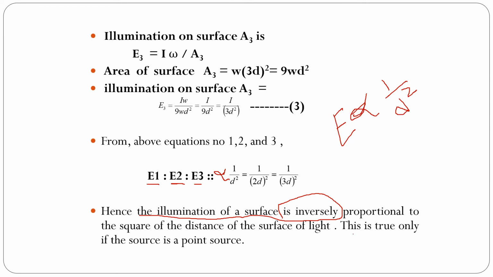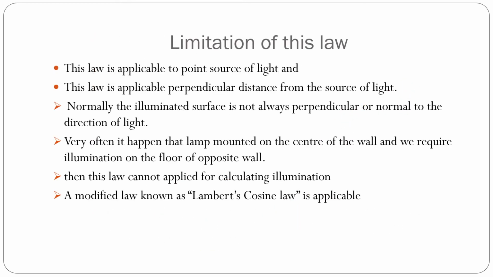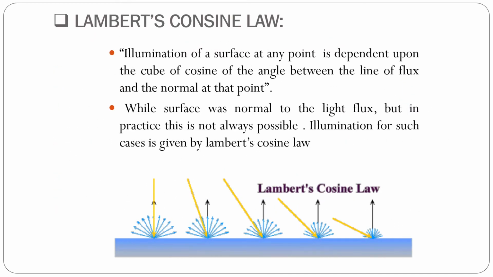So there are some limitations to this. This is true only if the source is a point source. So these are the limitations of the inverse square law. This law is applicable only for a point source of light and perpendicular rays. So to overcome this, we introduce the second law, Lambert's cosine law.